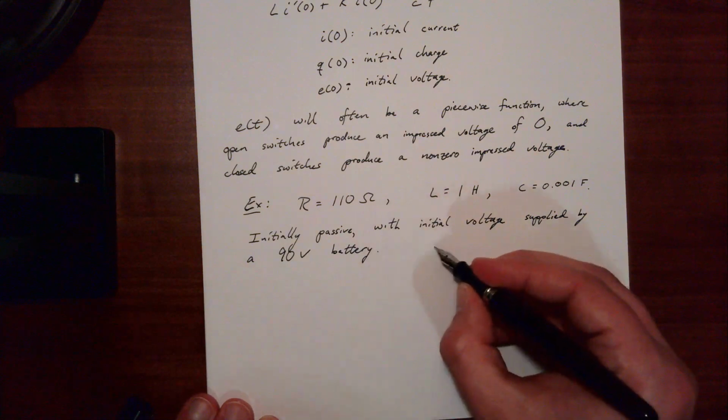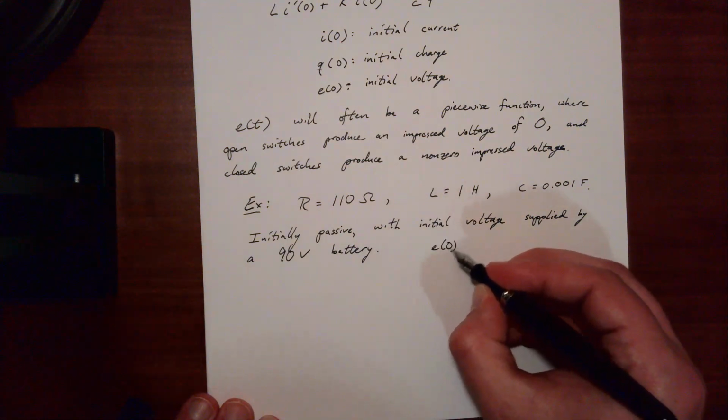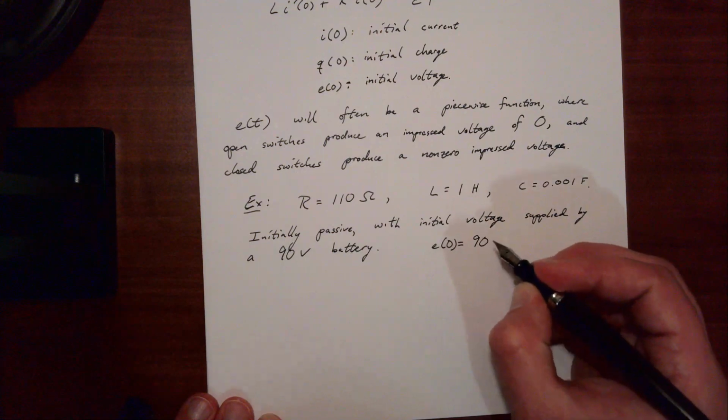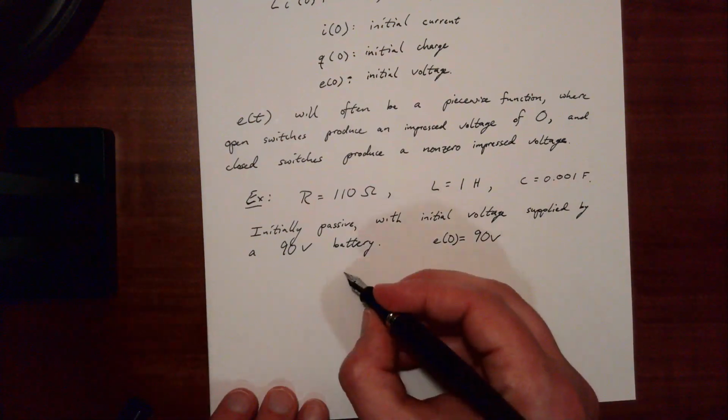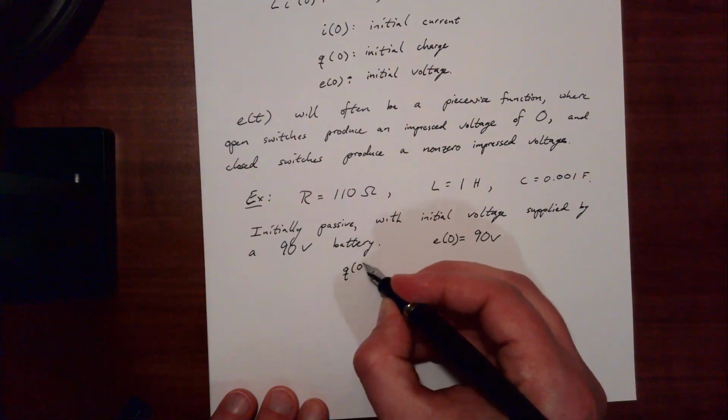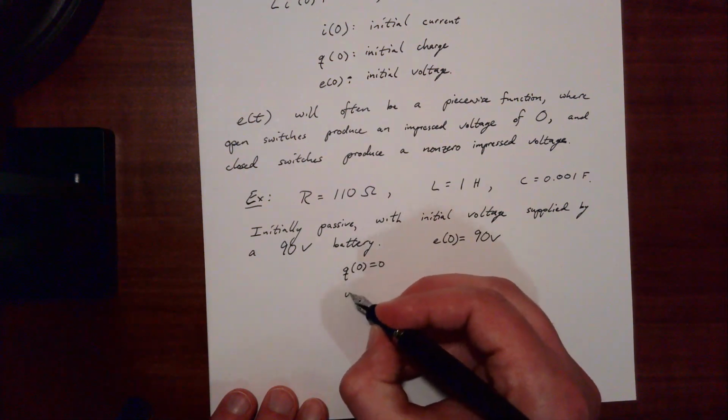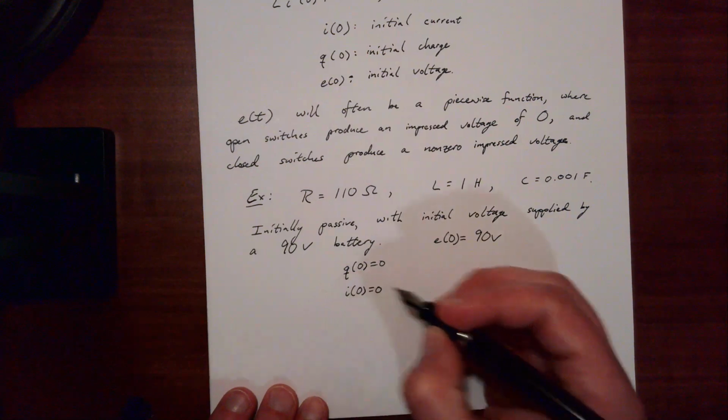So in other words, E of 0 equals 90 volts. And initially passive here means Q of 0 equals 0, no charge. I of 0 equals 0, no current.